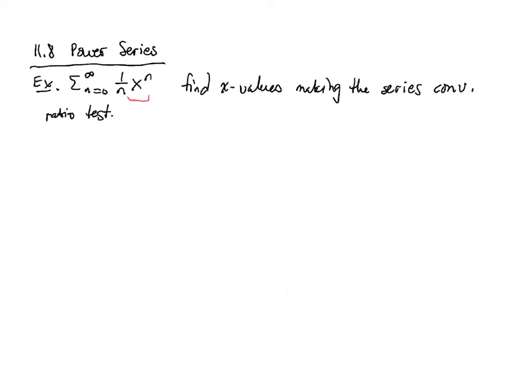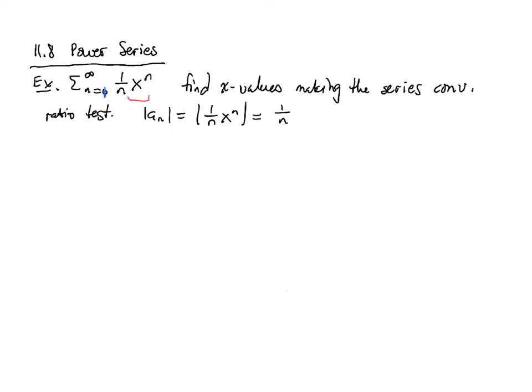So our absolute value of a_n is the absolute value of 1 over n x to the n, which you can rewrite as 1 over n because n is positive. Yes, of course, the values for our summation should be n equals 1 to infinity. Let's make sure and fix that.